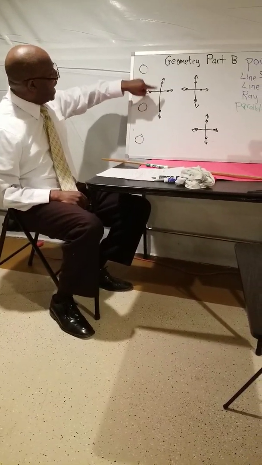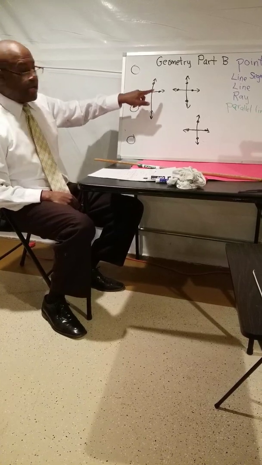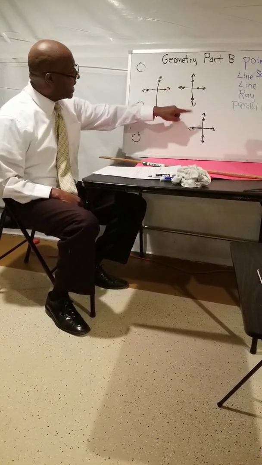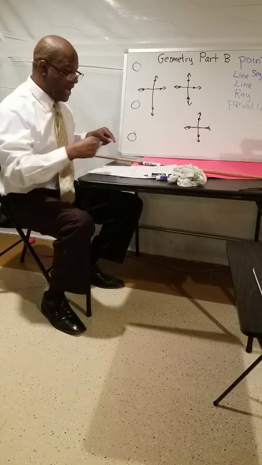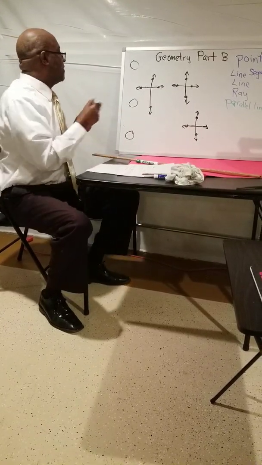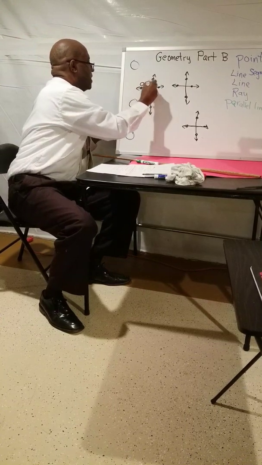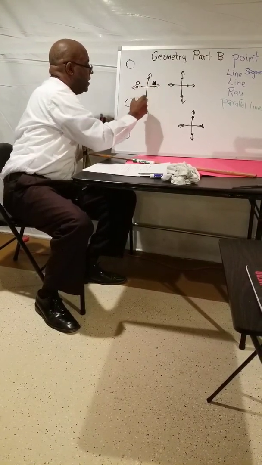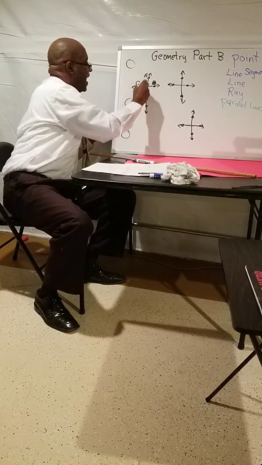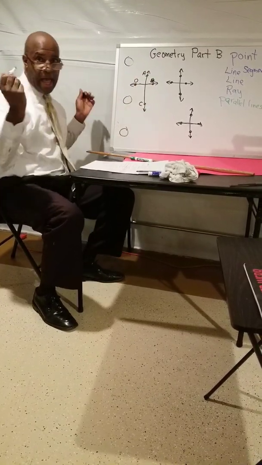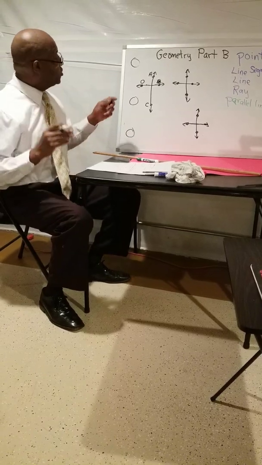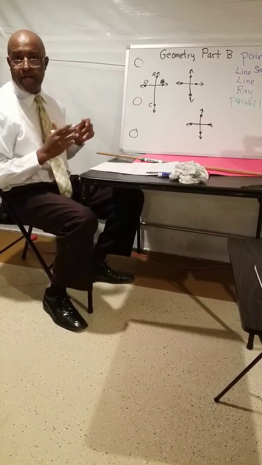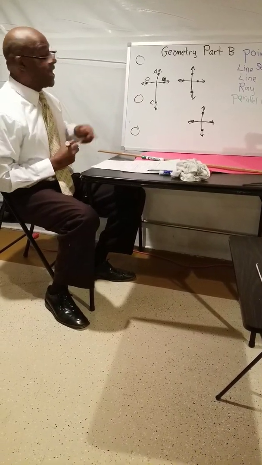So, line up and down, line across, line up and down with the arrows, line across. I want to say line OB, line AC. I can do that. But you can name your lines whatever letters you choose, so long as they are what?